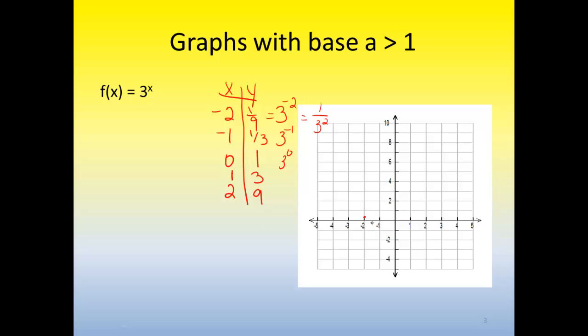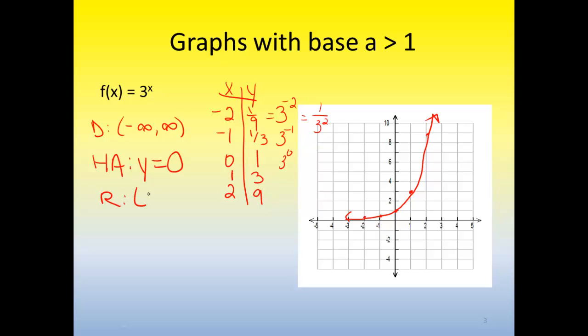So if I go ahead and plot those points, you get a feel for what this exponential graph looks like. And we have our domain, all real numbers. We do have our horizontal asymptote at y equals 0, and that's this flattening out here.